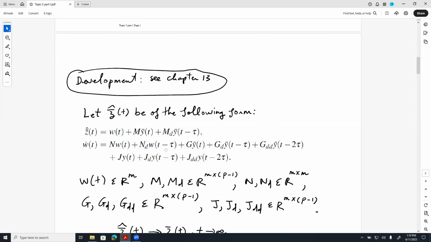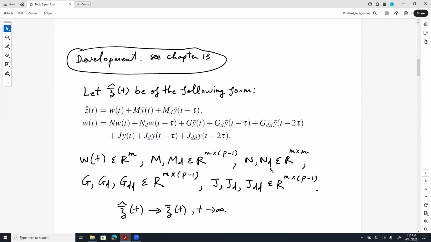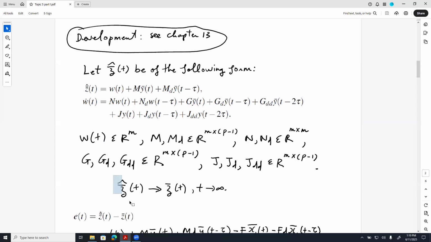And all of those unknown matrices, M, MD, and so on, are of appropriate dimension. So we're going to find them. We're going to ensure that they are found in such a way that the estimation of this generalized functional converges asymptotically to the true generalized functional.